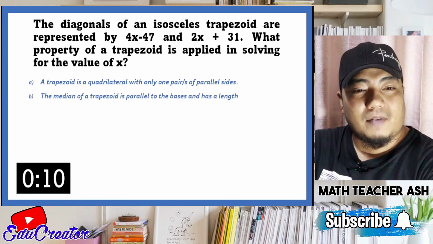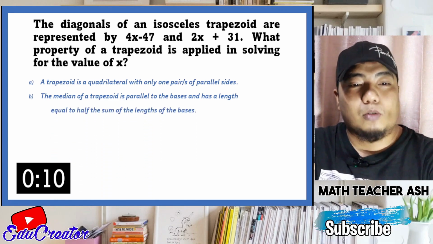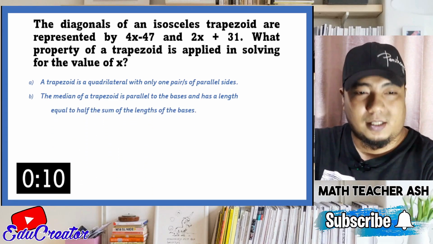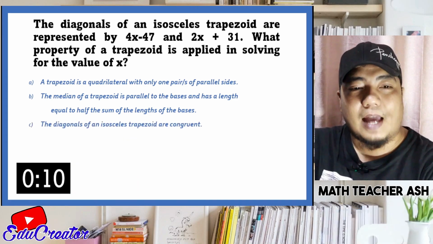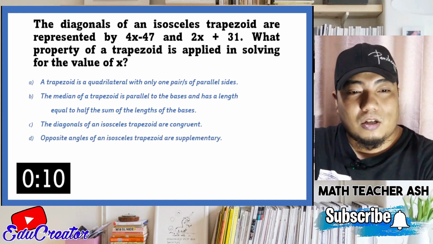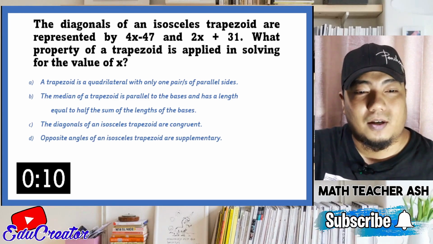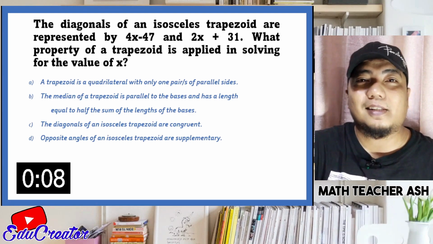B, the median of a trapezoid is parallel to the bases and has a length equal to half the sum of the lengths of the bases. Letter C. The diagonals of an isosceles trapezoid are congruent. Or letter D. The opposite angles of an isosceles trapezoid are supplementary. Okay. 10 seconds.